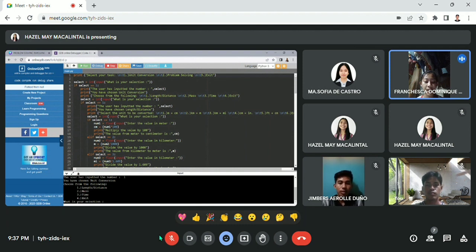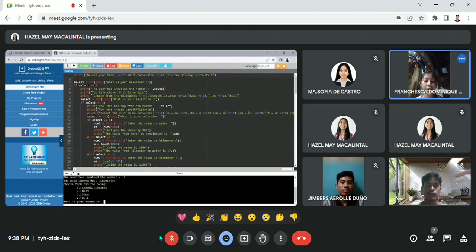this line informs the user that they have chosen to perform the length or distance conversion. This line prints a code asking the user to select a specific conversion to perform within the length or distance category. It includes 5 options and an option to exit.